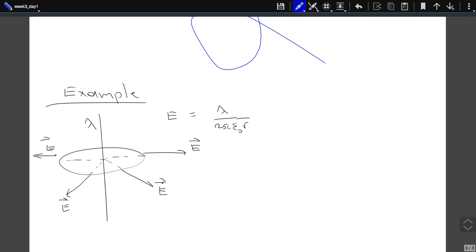Now let's take this wire, and let's imagine a cylinder around the wire. Not a full cylinder, let's say a partial cylinder, of radius r, and let's assume the height is h.